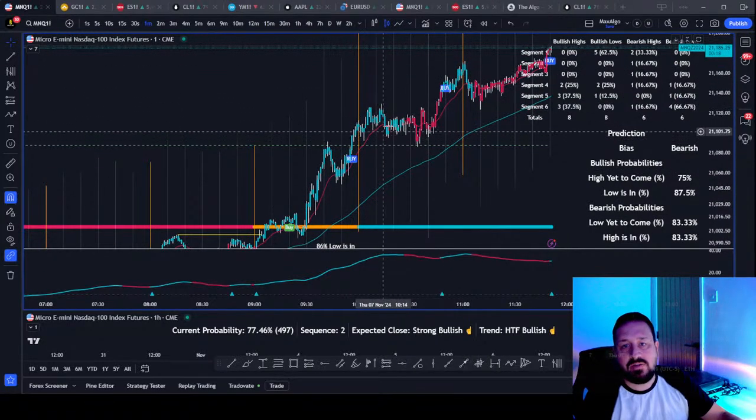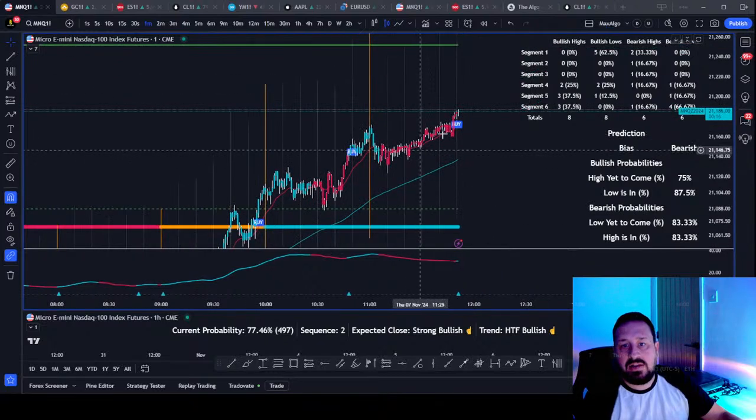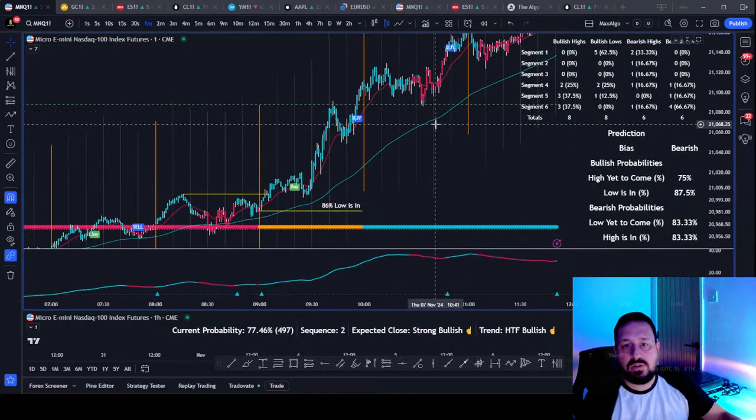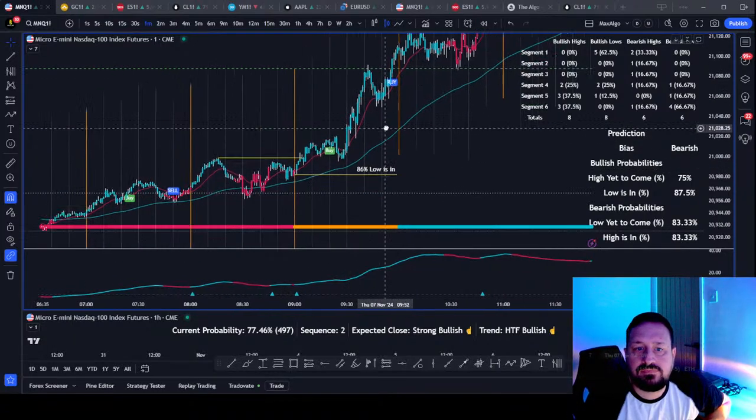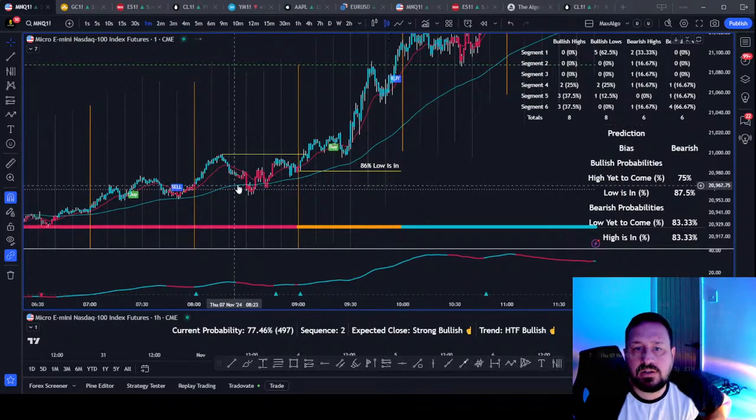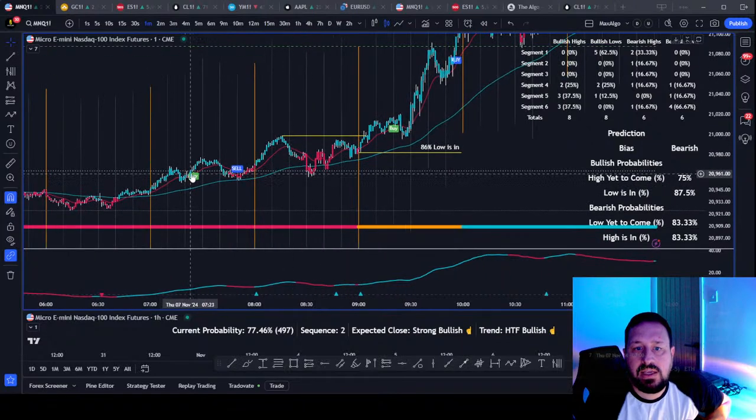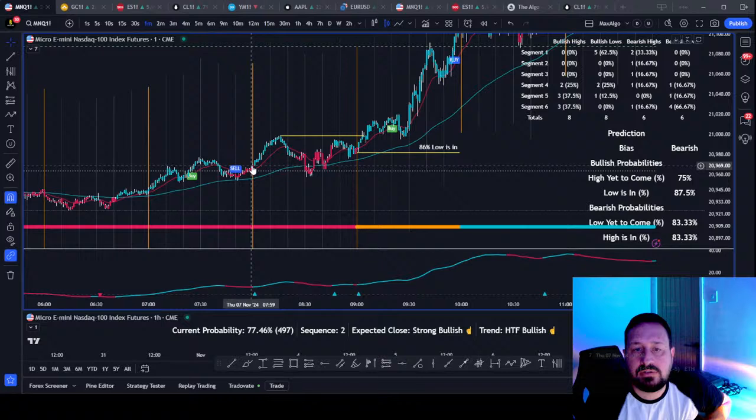Second trade came out, but shouldn't have pulled out here. We'd have had our target and we'd have had another one. And yeah, I got a break even here. Obviously that one would have played out as well.